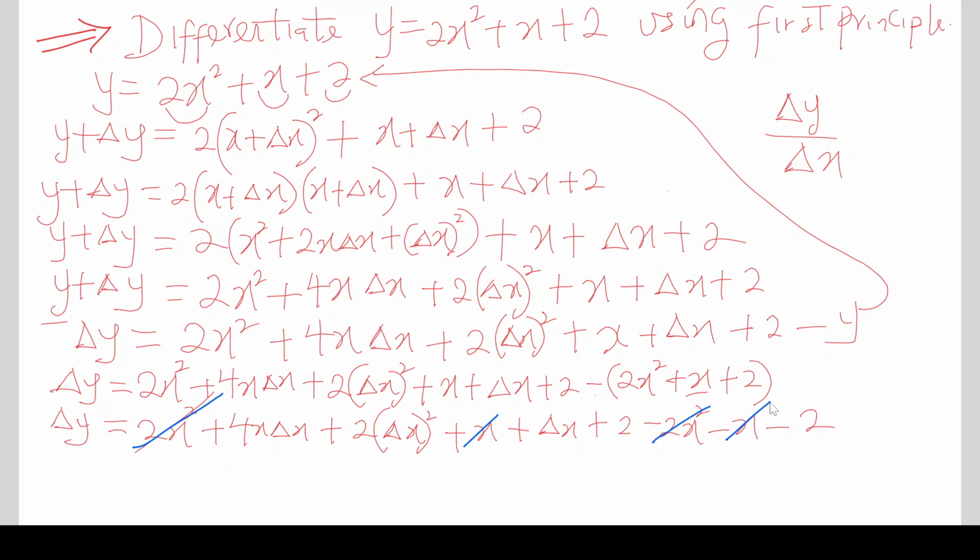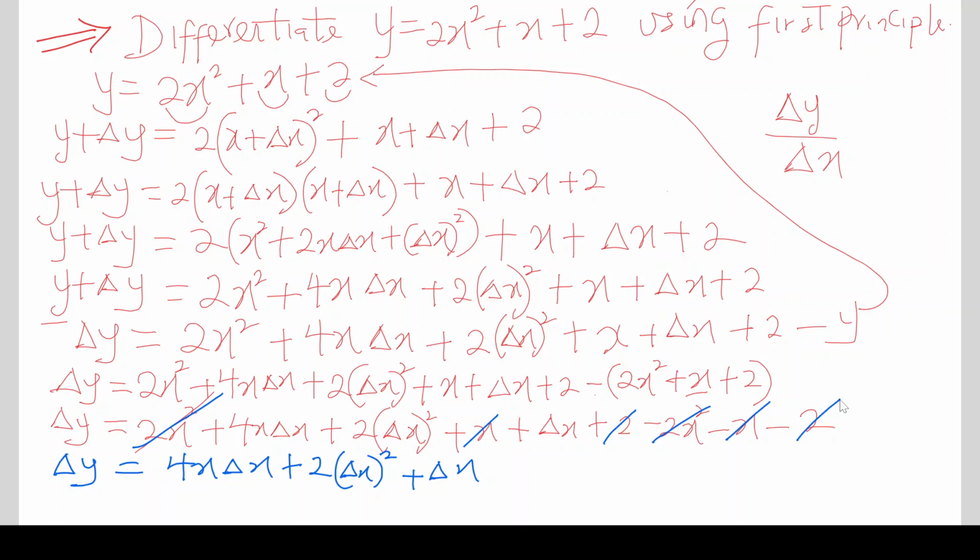Plus 2 and minus 2 cancel each other out too. So this reduces to delta y equals 4x delta x plus 2 delta x squared plus delta x.